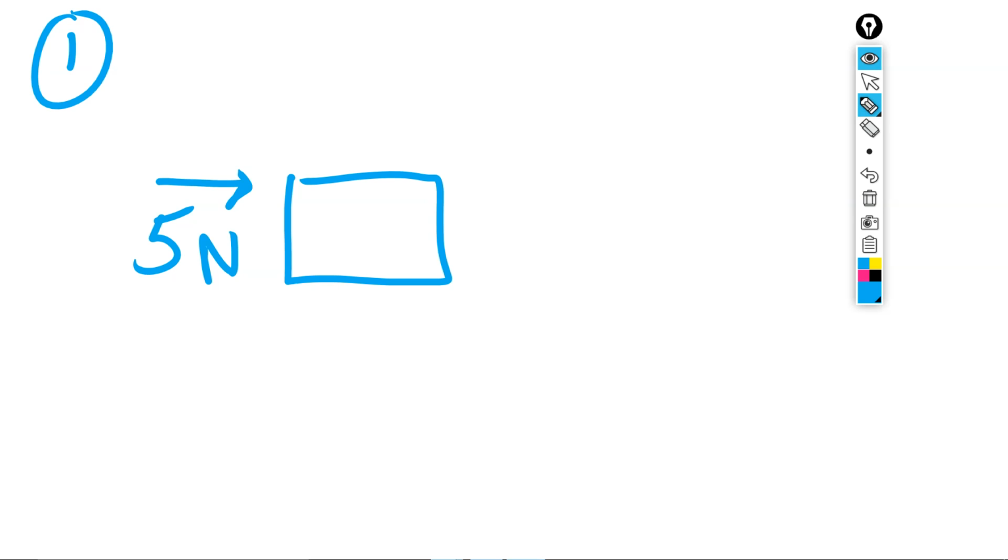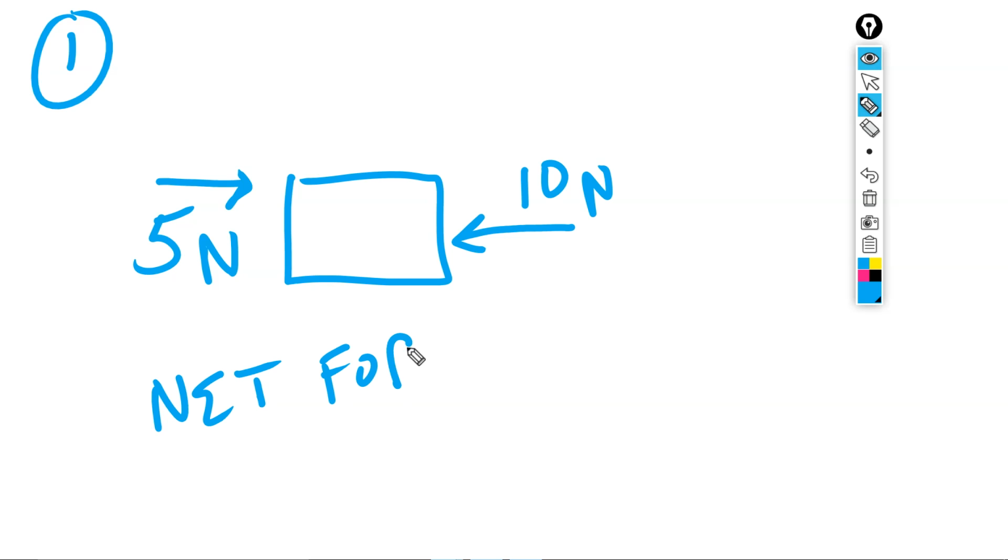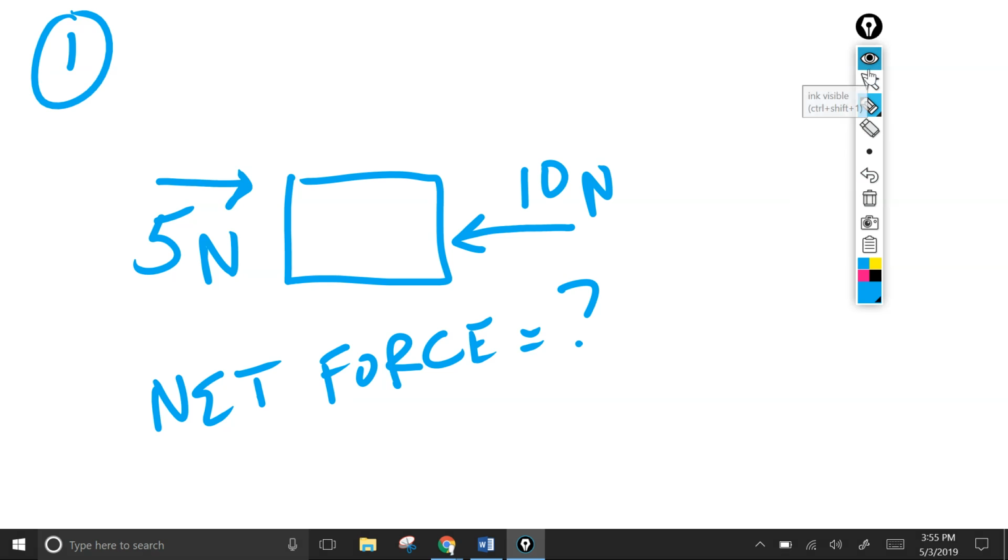You need to turn this into the box. This is your review quiz. And you've got 10 newtons to the left. What's your net force? That's question number 1. Remember, you can pause this.